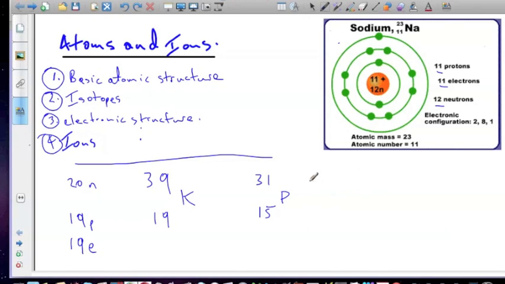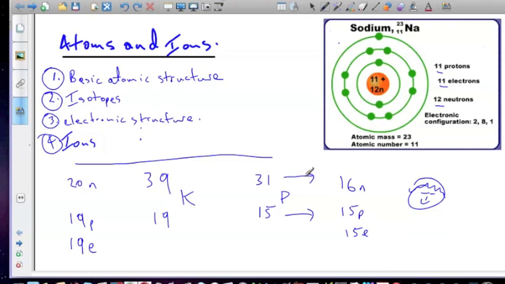For phosphorus, mass number is 31, atomic number is 15. It has 15 protons. It has 15 electrons. The mass number is everything that has mass. It's the number of neutrons and protons. So it has 16 neutrons. I hope you got that right. If you did, here's a little smiley face for you.